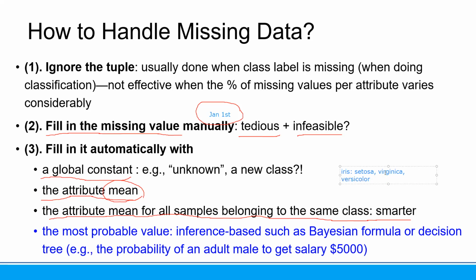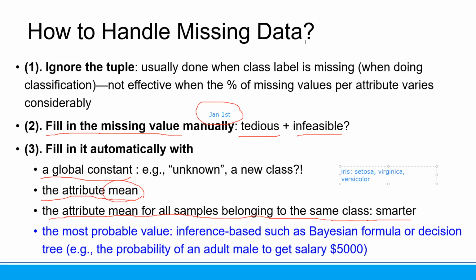If I see that some attributes of Setosa are missing, then I can find the mean, or the average, of that particular attribute and replace the missing value with the mean.